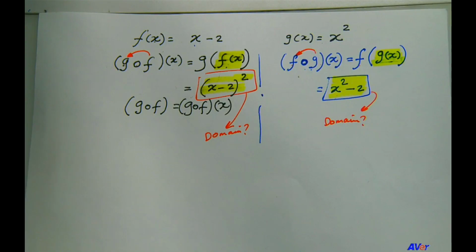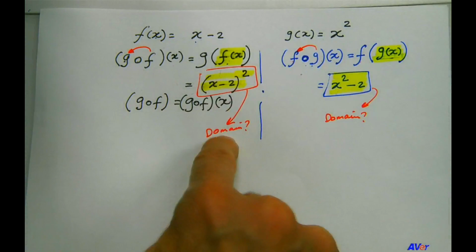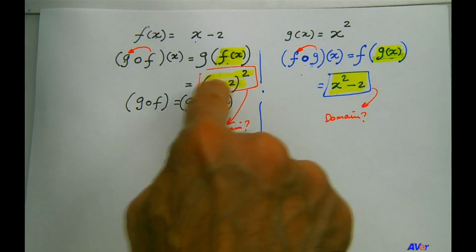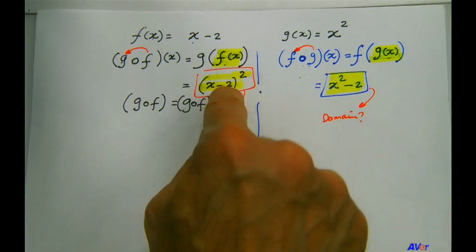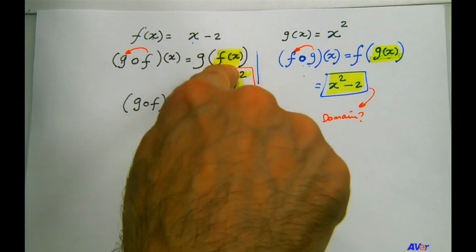In the combined functions, the domain of the combined function must agree with both domains of the parent functions as well as the combined function itself. So all three functions, both parents and the resulting combined function, their domains should overlap at some point and agree with each other. In the composition of functions, the composite function will have a domain, right? That domain must satisfy the composite function itself as well as the function that was replaced inside another function.